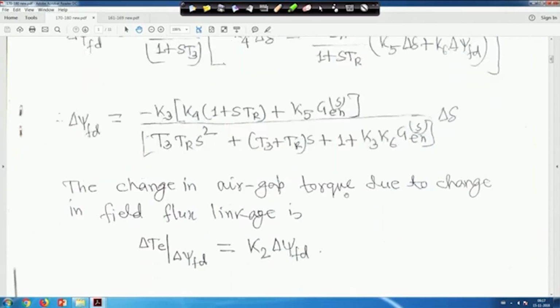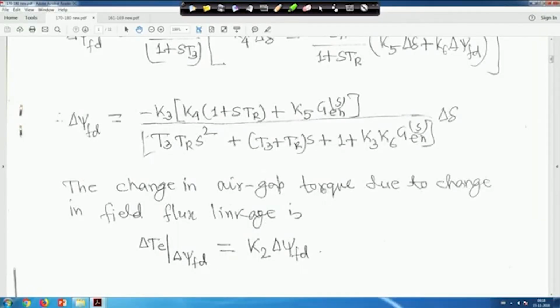The change in air gap torque due to change in field flux linkage, that is delta Te due to delta psi_fd, will be k2 into delta psi_fd. If you go back to figure 30, there you will see k2 delta psi_fd, and on this side it is coming k1 delta, that is delta Te. So delta T has two parts, one is k2 delta psi_fd, another is k1 delta.